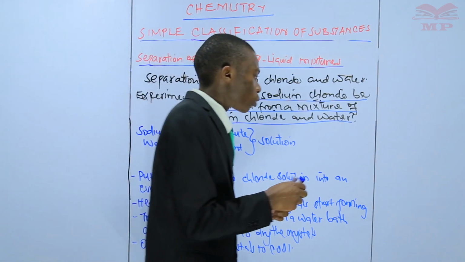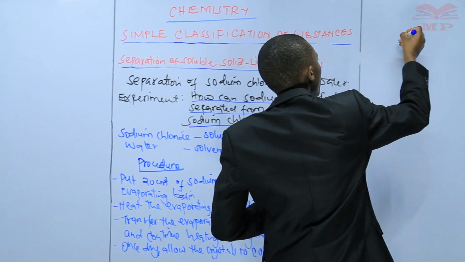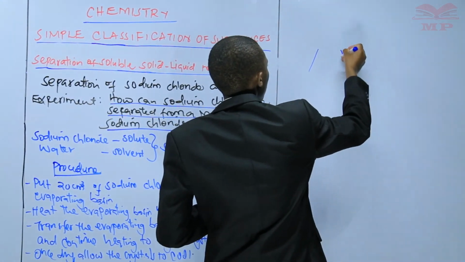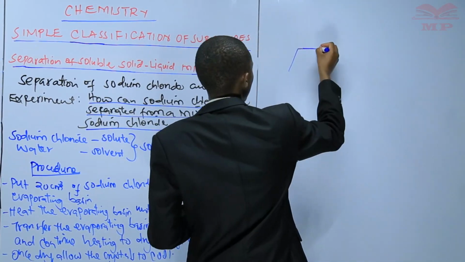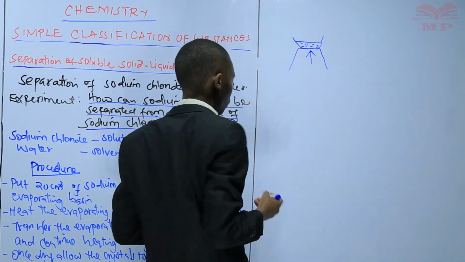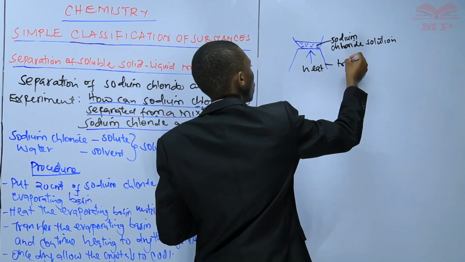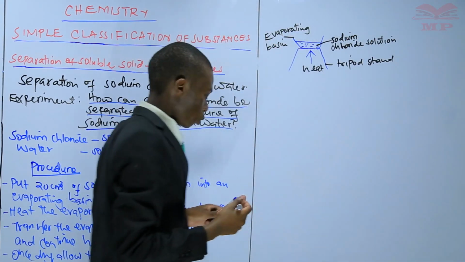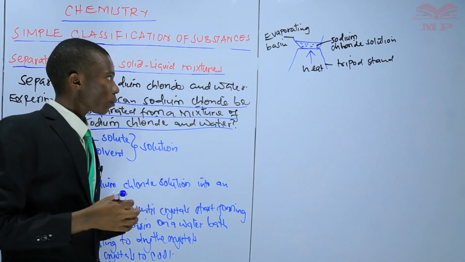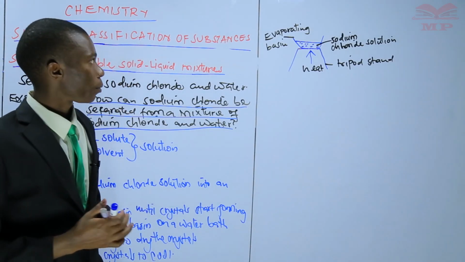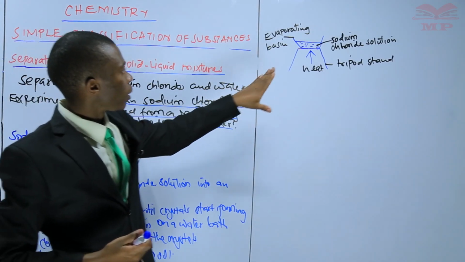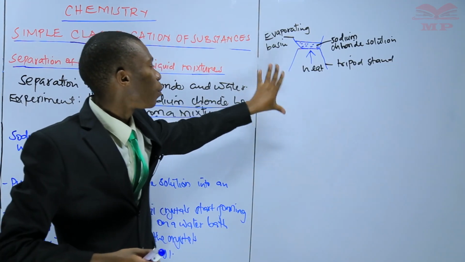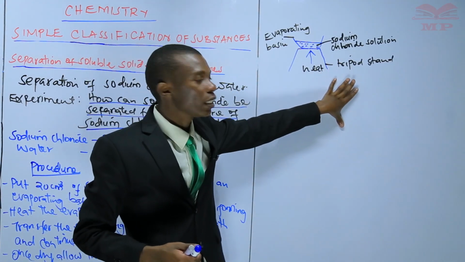So you are going to start with the evaporating basin. That is the first step. You have the evaporating basin, and in the evaporating basin there is sodium chloride solution.